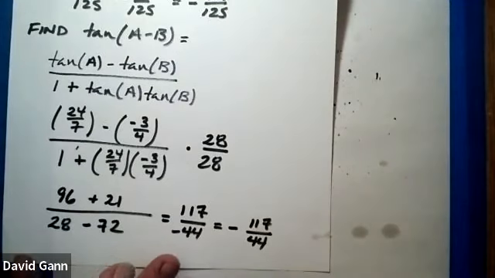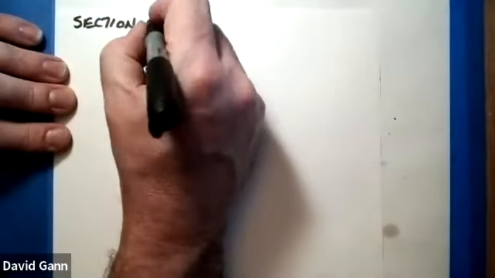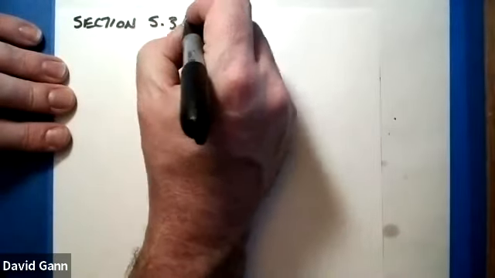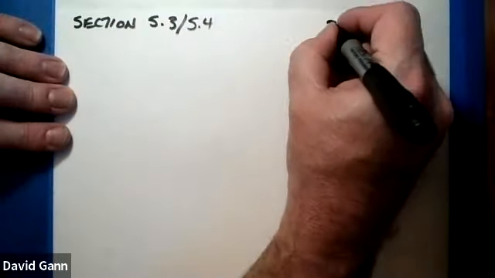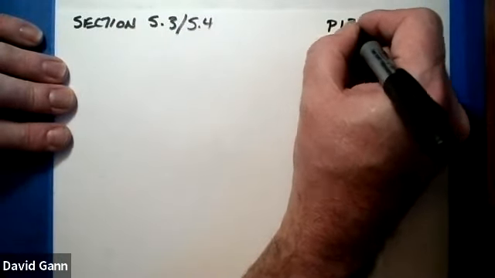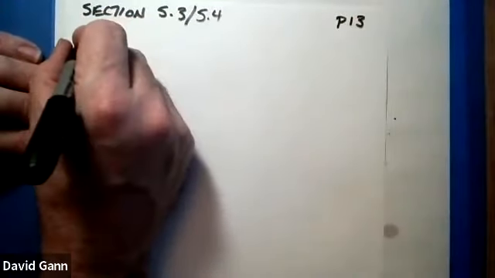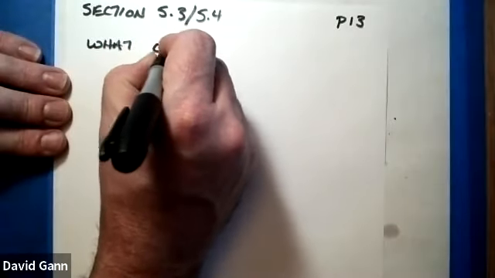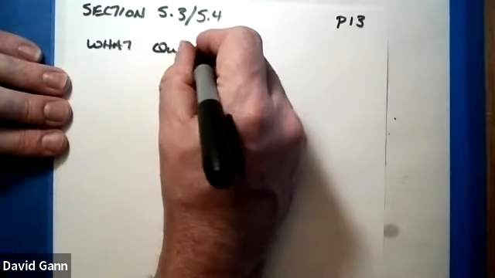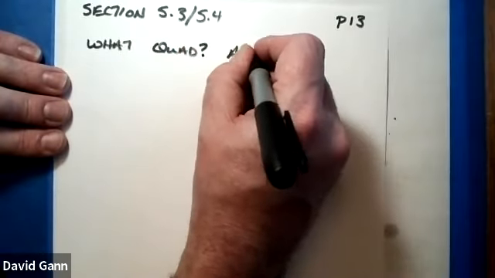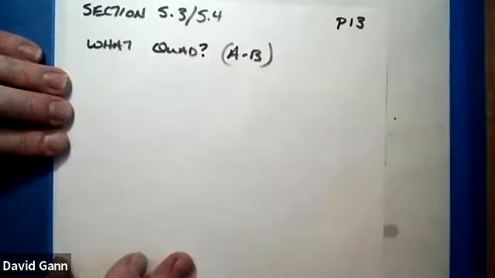So we can jump to that last question and actually answer that right now. Let me get my heading started here. 13, okay. So what quadrant is A minus B? Sort of a shorthand.